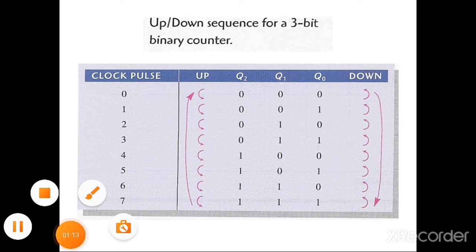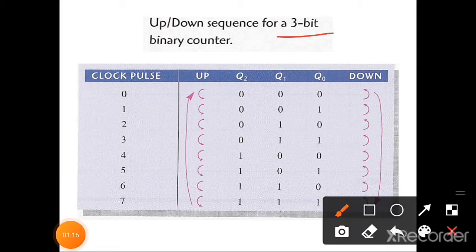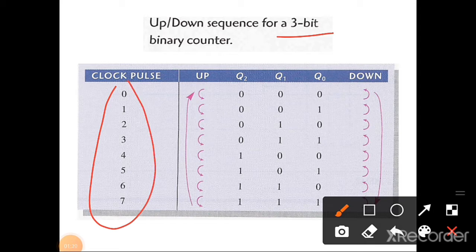There is a 3-bit counter, so it has 8 stages, or it requires 8 clock pulses. The upward counter starts from 0, 1, 2 up to 7. For a down counter it starts from 7, 6 up to 0.